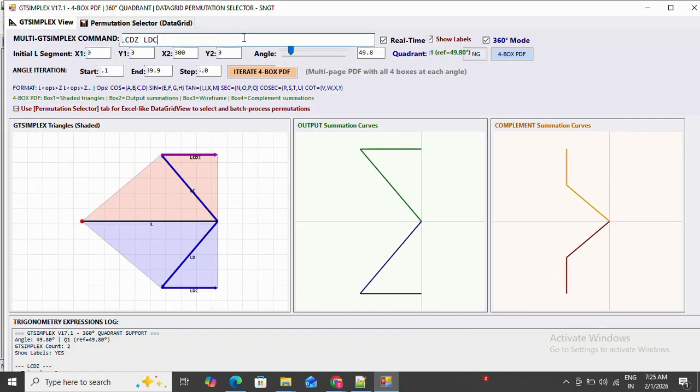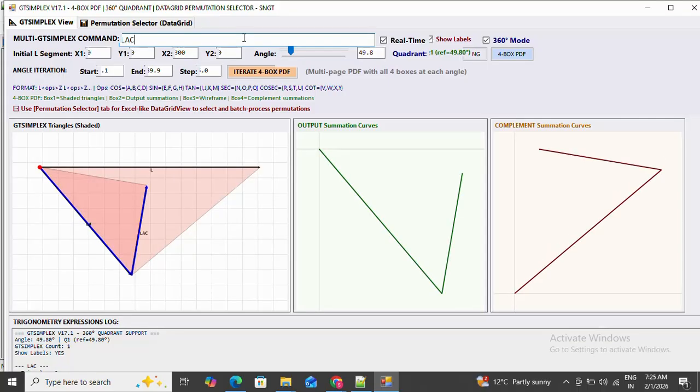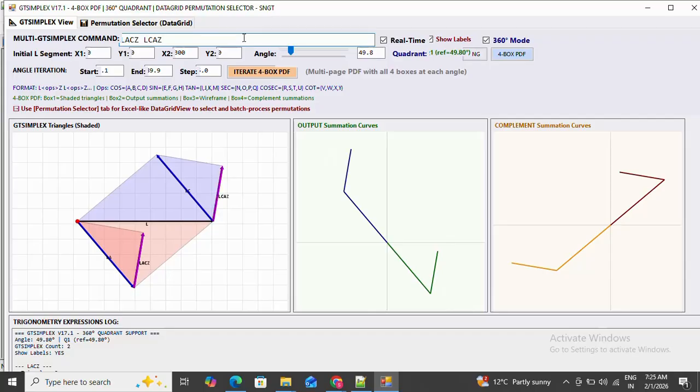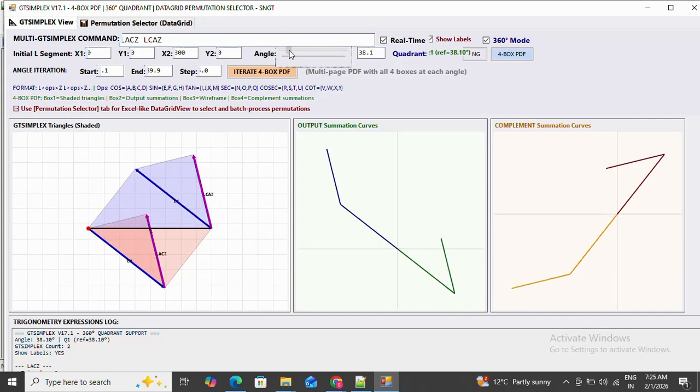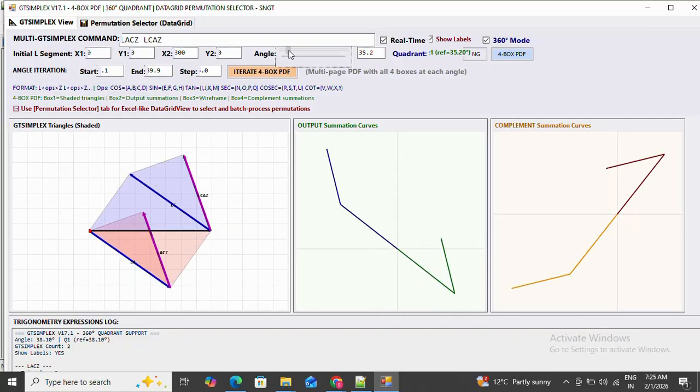In the same way we can say here LACZ and LCAZ, then we can see that LACZ is parallel to LCAZ, and obviously the lengths of LACZ and LCAZ are the same, and these two final output line segments are always parallel.